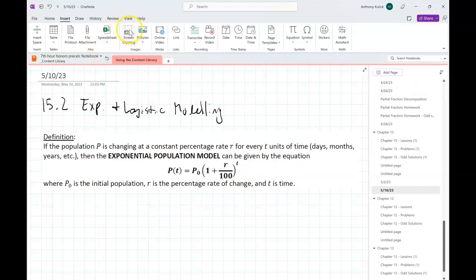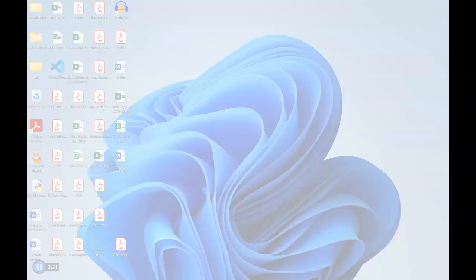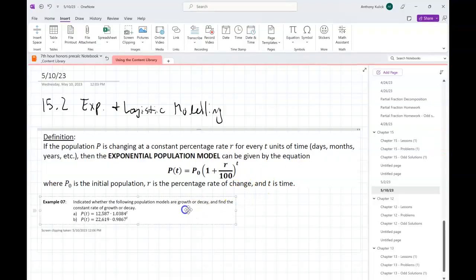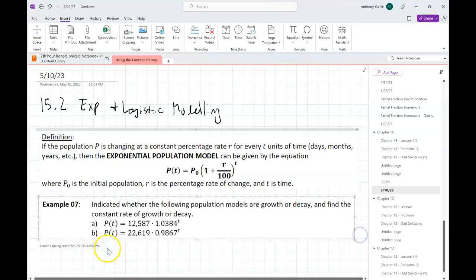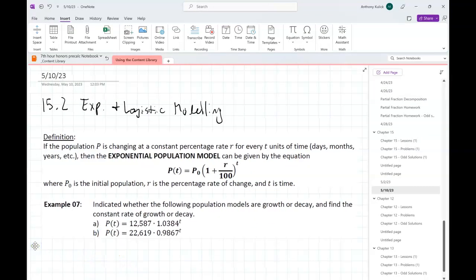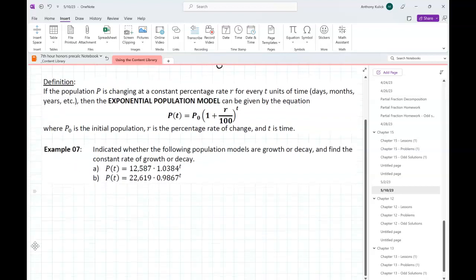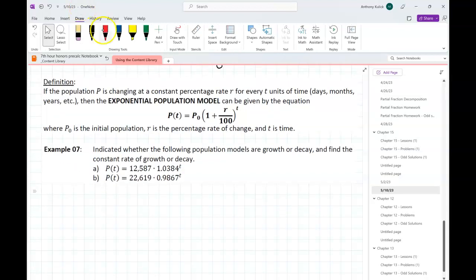So just a quick little example. We have a couple of population models here, and we're asked first whether they're growth or decay.